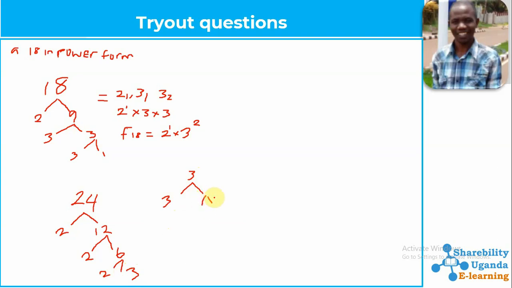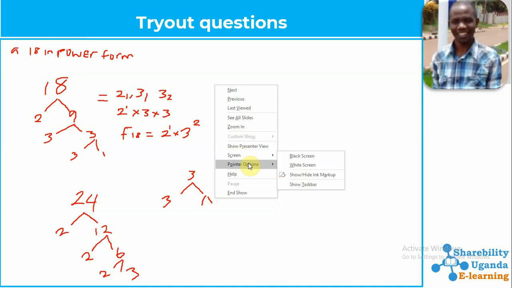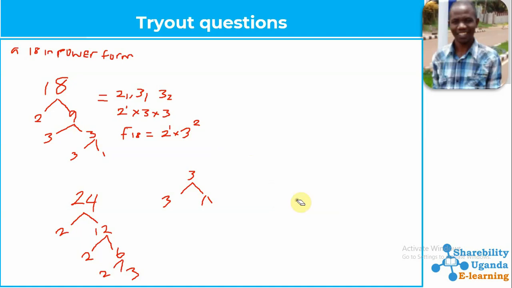Okay, let me rub this. So we have 3 divided by 3, we get a 1. Okay.